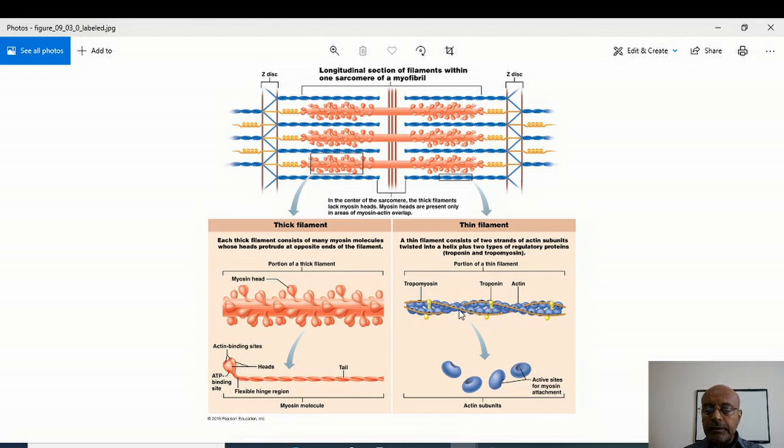So this string-like structure which was covering the active site on the thin myofilament moves and makes the active site available for attachment of this myosin head to it. You will see this in an animated video, how all this happens. For now, follow our discussion, please.